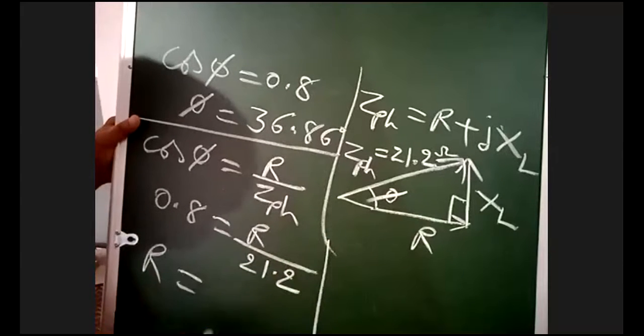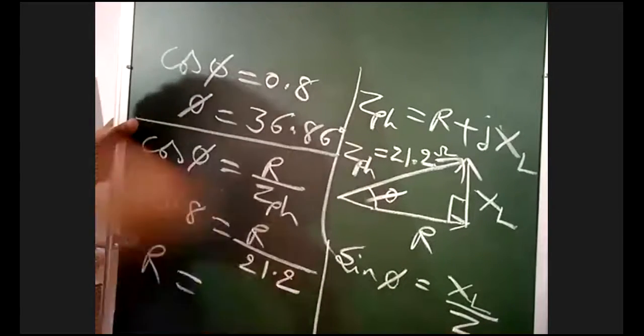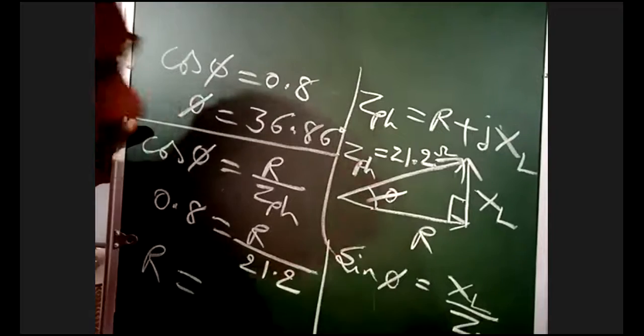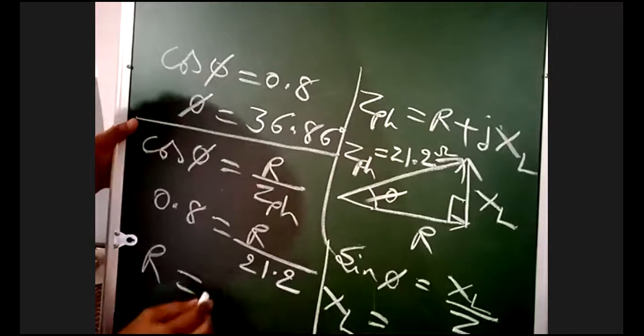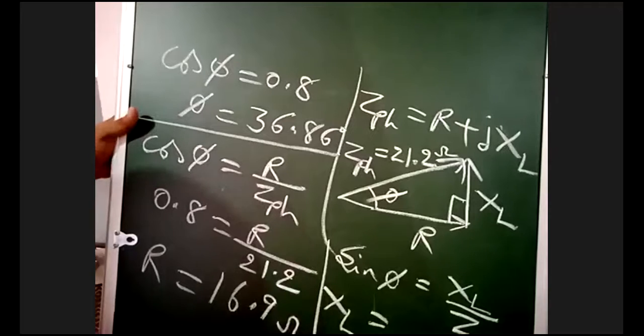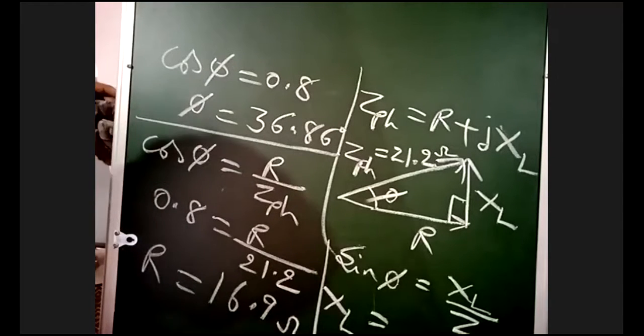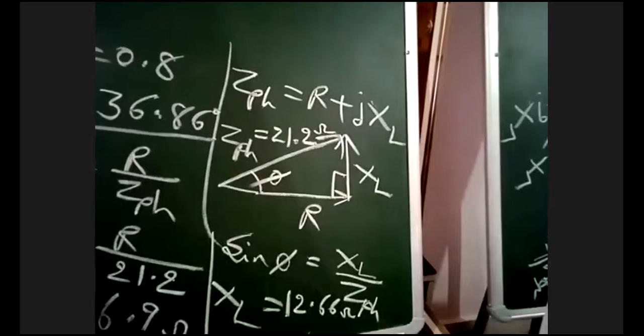From this I will get R. And similarly, sin phi is equal to XL by Z. I know phi and Z, from this I will get XL. R is 16.96 ohms, and XL is 12.66 ohms.